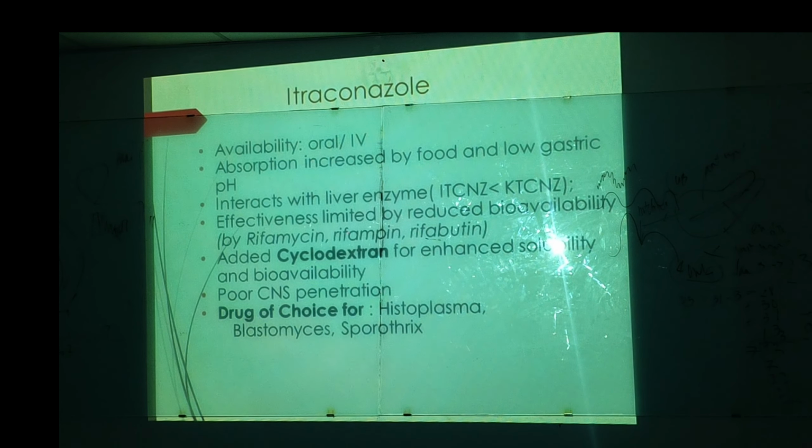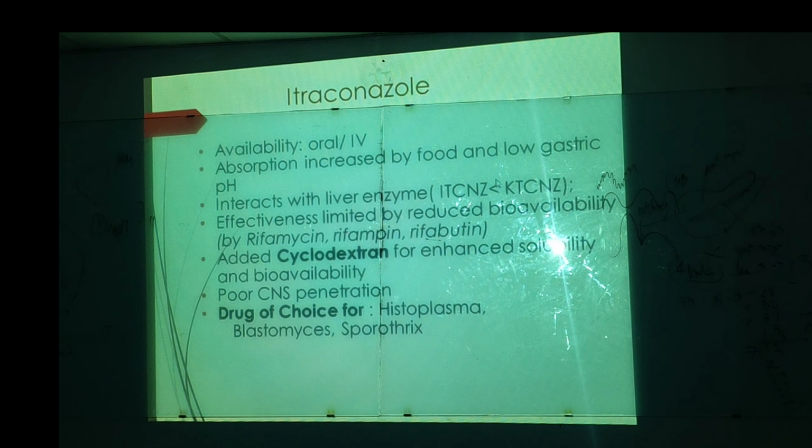Next azole. These are now the triazoles. Itraconazole is available as oral and IV preparations. Absorption orally can be increased by food and low gastric pH. It also interacts with liver enzymes, but less than ketoconazole.